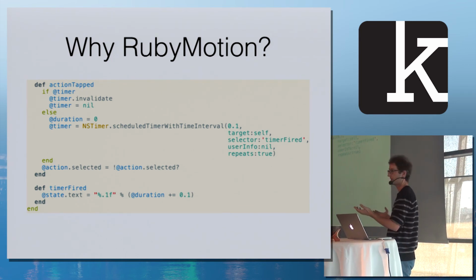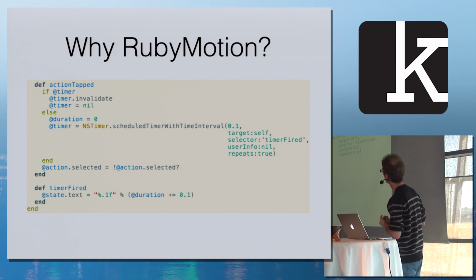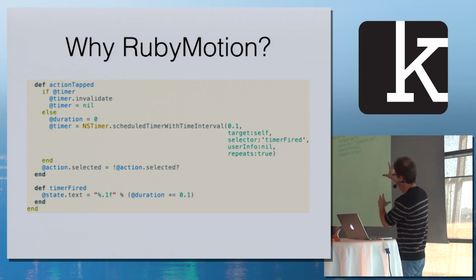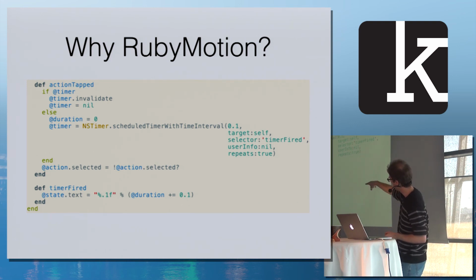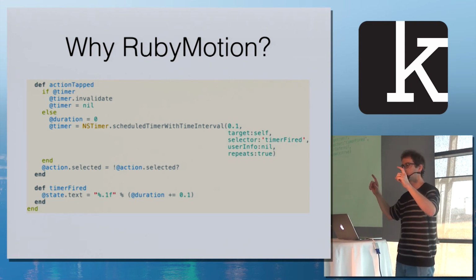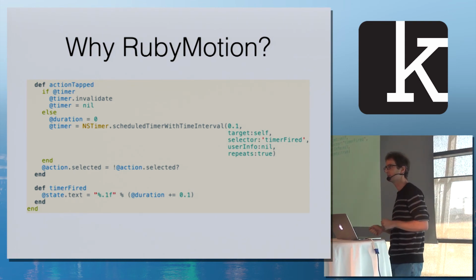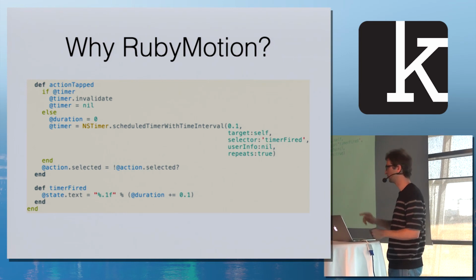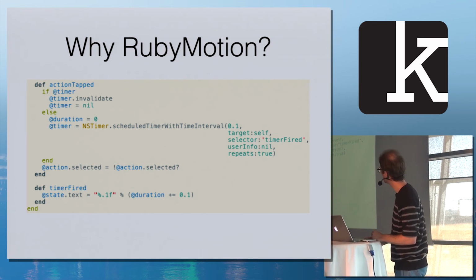If there is no running timer, create it. And the timer is just this NSTimer class that will fire every 10th of a second and call this timerFired method. And then the timerFired method just updates the label and increments the time by 0.01 or 0.1, right? Nice and simple.